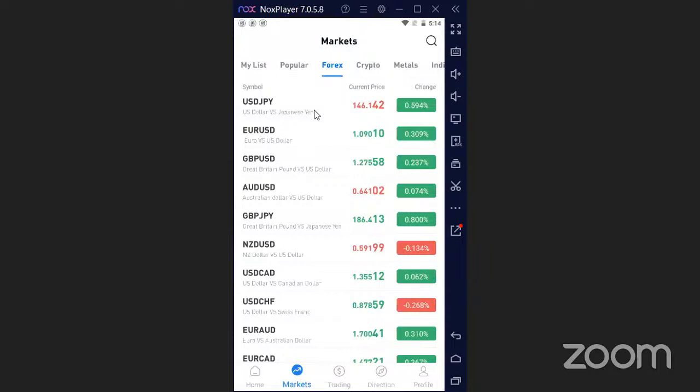So for any pair at all, like Euro USD, the numbers you are seeing here are for USD, because here USD is our quote. Like I said, the first currency is the base currency, while the second currency is the quote currency. So for you to get one Euro, this is the amount of dollars you need.